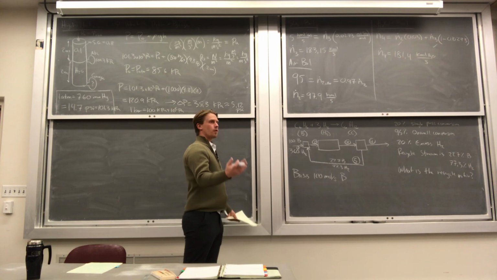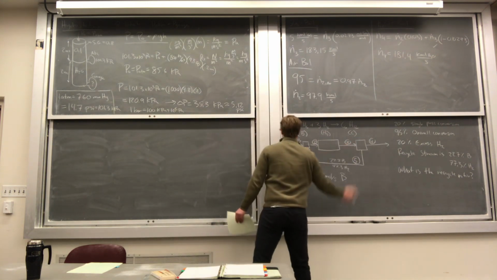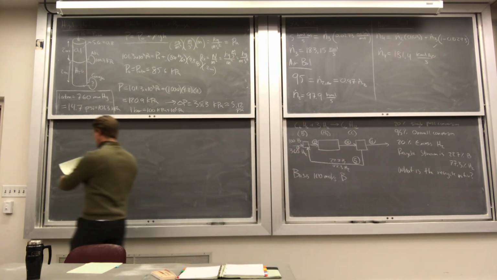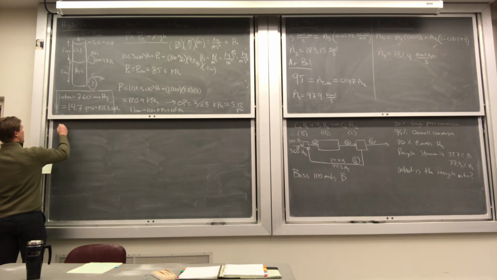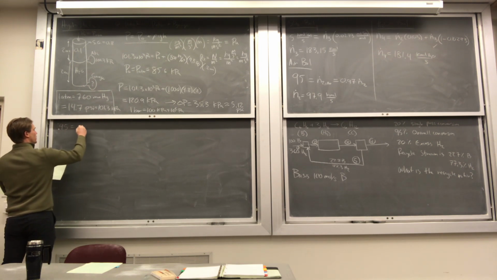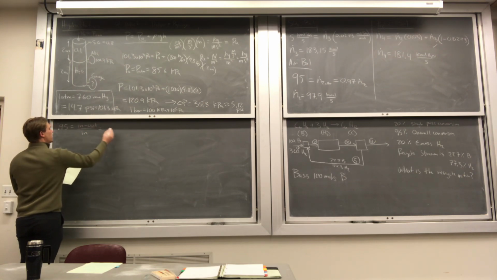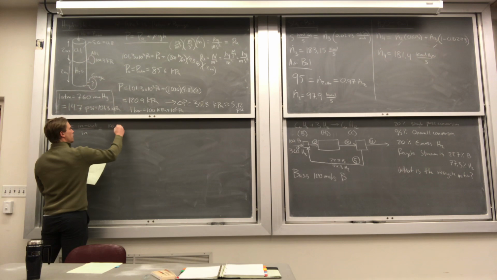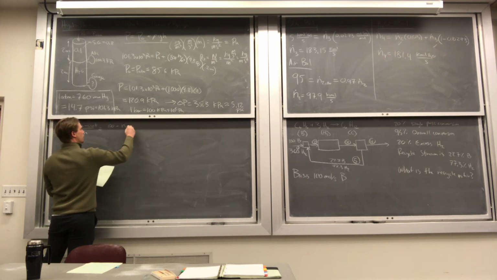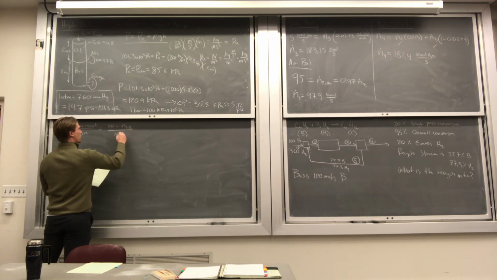Overall conversion. We have one stream in, one stream out. So 0.95 is the overall conversion. That's in minus out over in. So that's going to be 100 minus N5 benzene over 100.